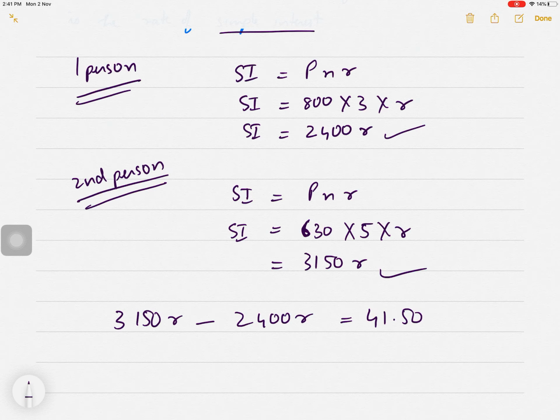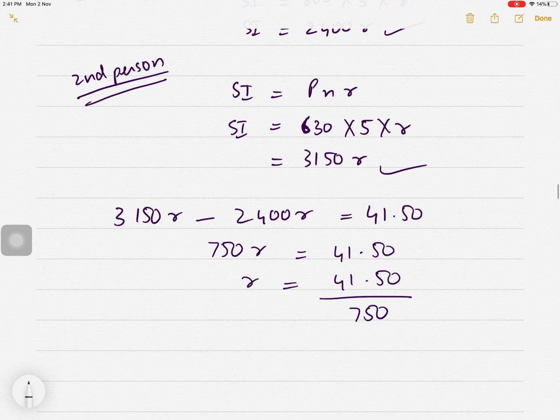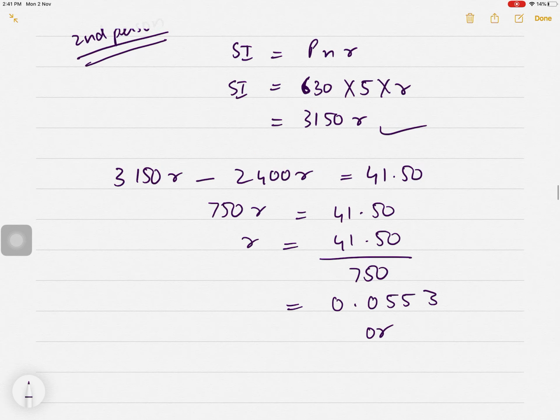So 3150 minus 2400 comes to 750. 750 R is equal to 41.50. So R is equal to 41.50 divided by 750. So it comes to 0.0553 or 5.53%.